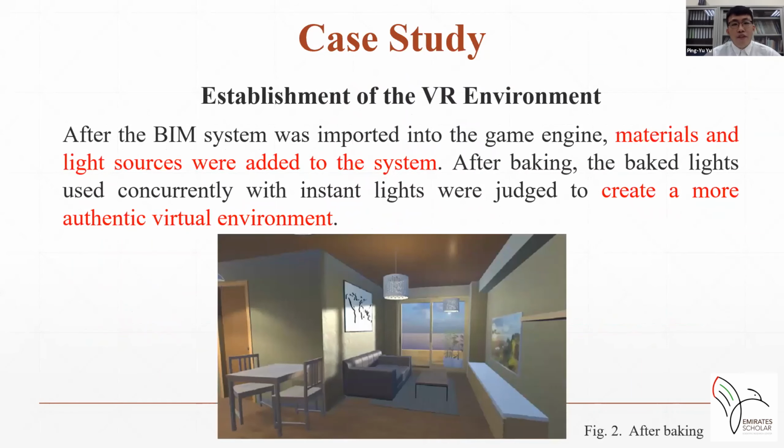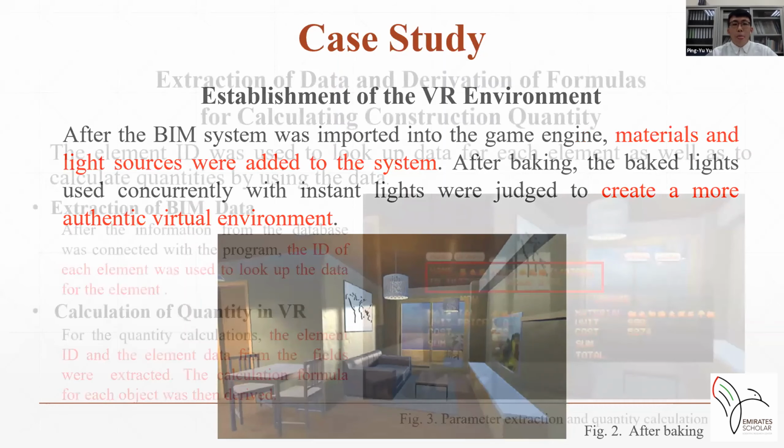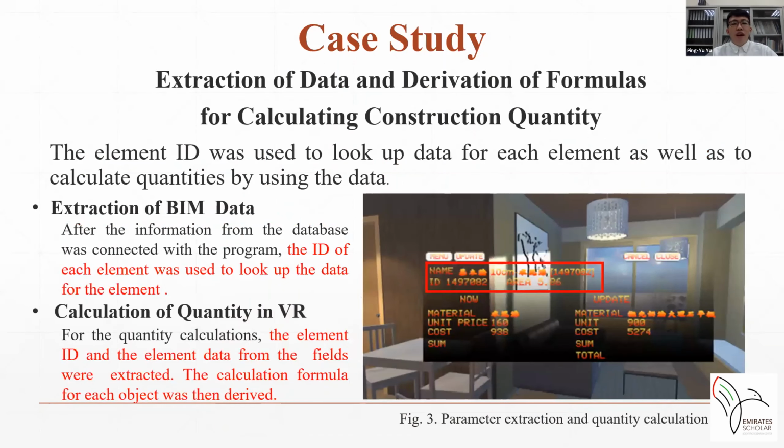Establishment of the VR environment. After the BIM system was imported into the game engine, materials and light sources were added to the system. After baking, the baked lights used concurrently with instant lights were judged to create a more authentic virtual environment. Extraction of data and derivation of formulas for calculating construction quantity.